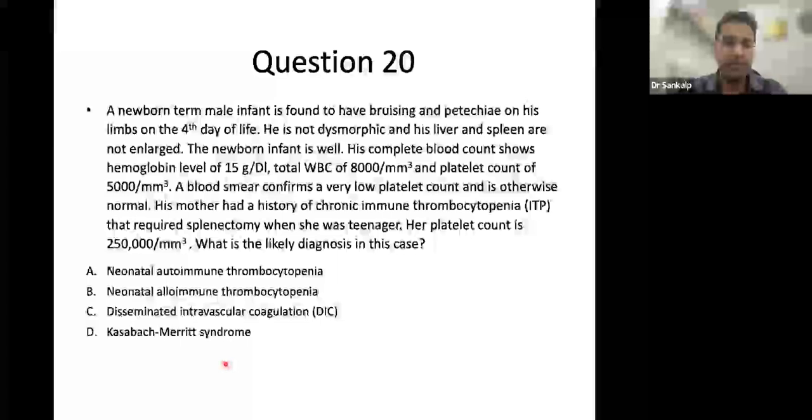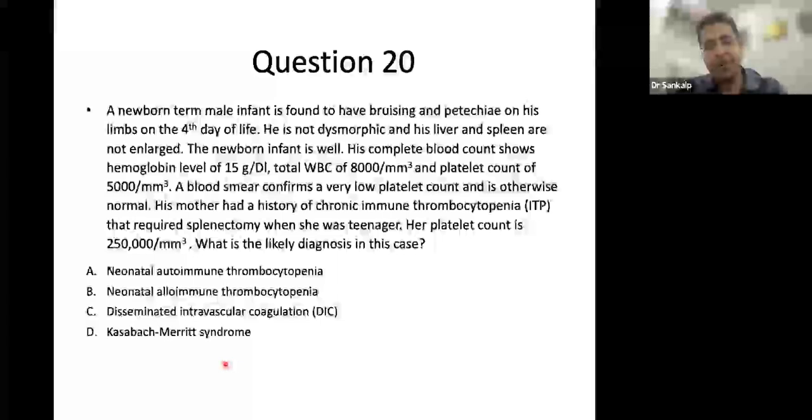So whenever you have a baby with isolated thrombocytopenia, the baby is otherwise well, right? You should think of immune thrombocytopenia if the baby is overall well. If there's a history of thrombocytopenia in the mother, then it is autoimmune thrombocytopenia because antibodies from the mother have gotten transferred to the baby.